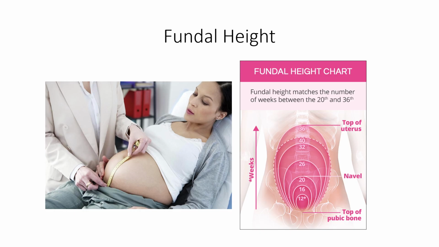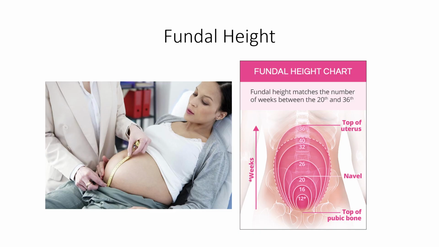The other thing that we need to know is the fundal height. What is fundal height? The fundus is the top of the uterus. As the baby is developing throughout the weeks, the baby is growing in utero, and the uterus expands. So as that baby grows, the top of the fundus should match the week of gestation.